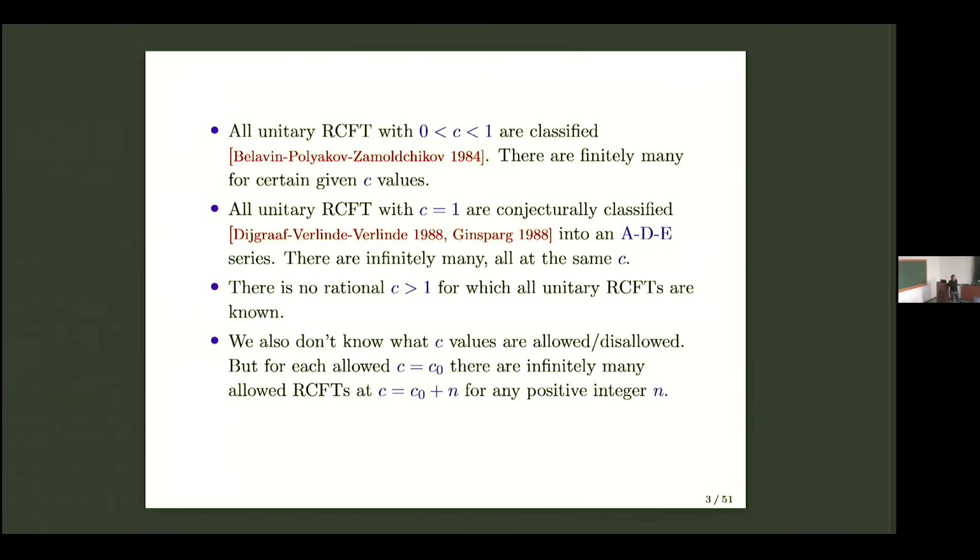Okay. One thing to note is that by tensoring different CFTs, we can increase C, because every time we tensor two of them, C is just the sum of their C's. Sorry, if for rational C larger than 1, are there any unitary RCFTs? Plenty. Millions.